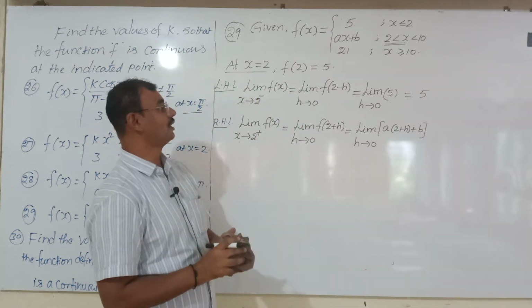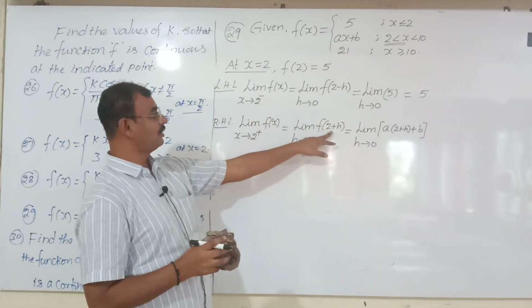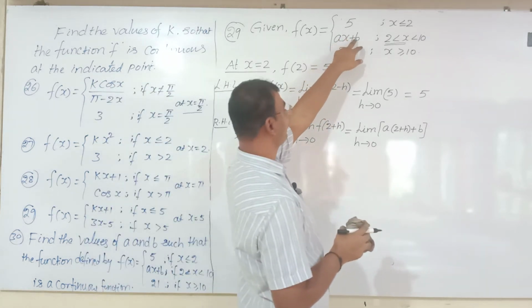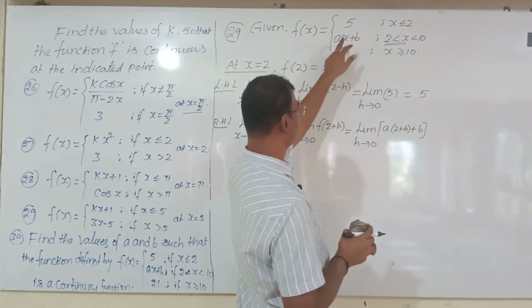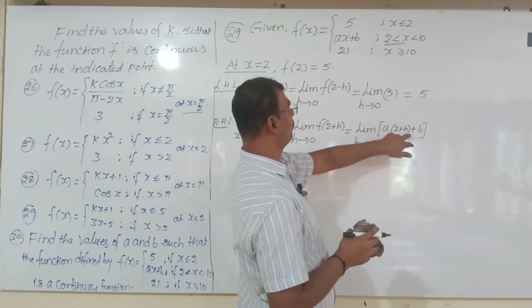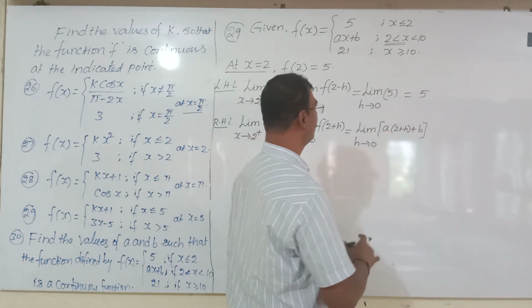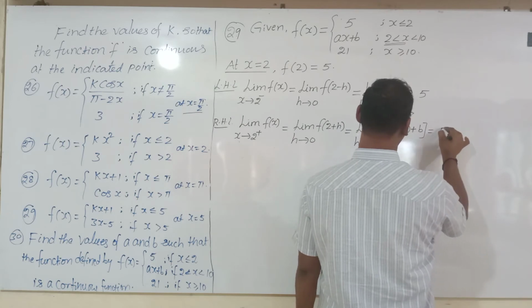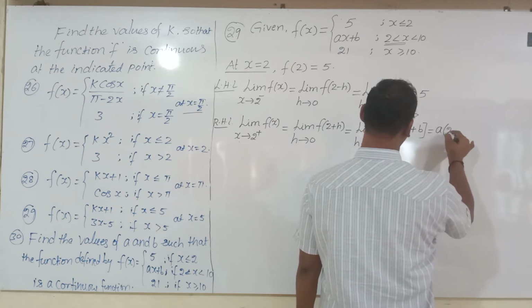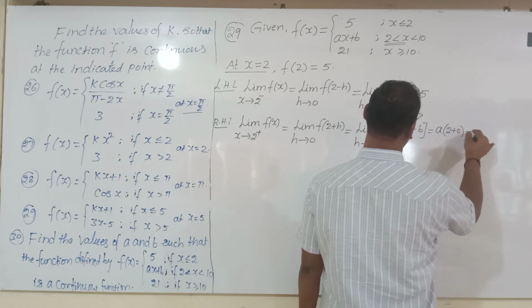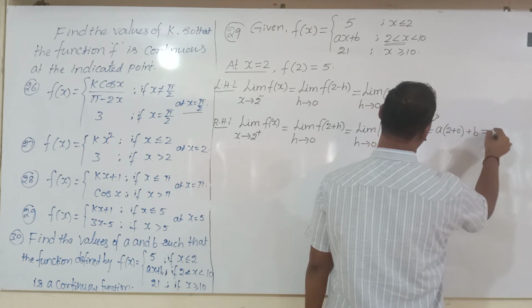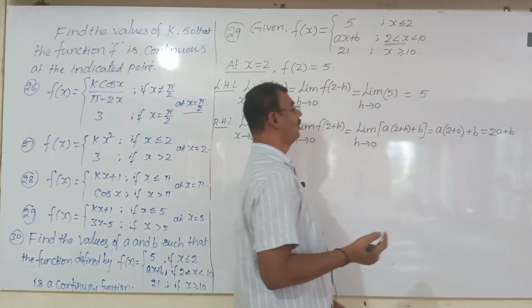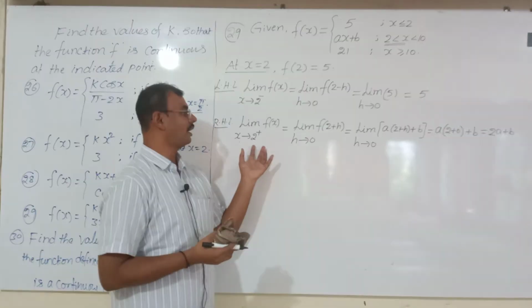Once again we have to see correctly. When x is more than 2, what is the function? ax plus b, where x is 2 plus h, a bracket 2 plus h plus b. Now you apply the limit. So this is equal to a bracket 2 plus 0 plus b, which is 2a plus b. This is the right hand limit.